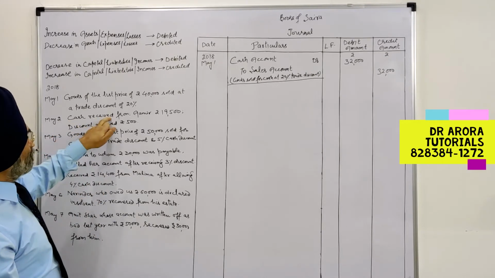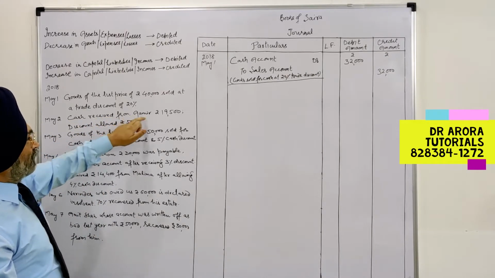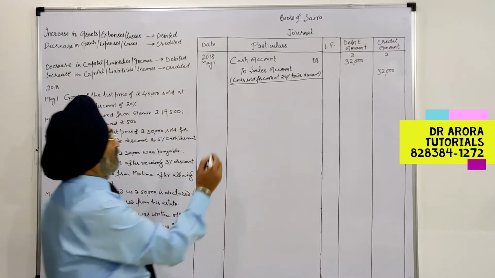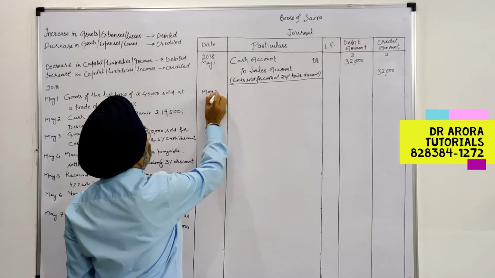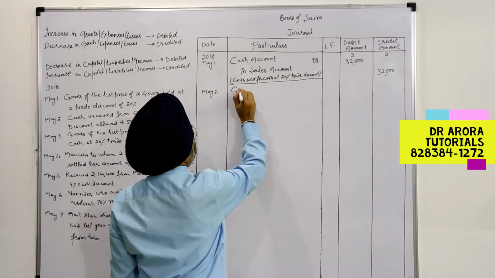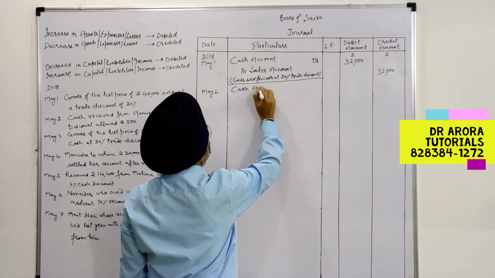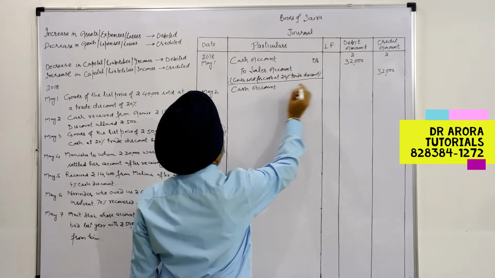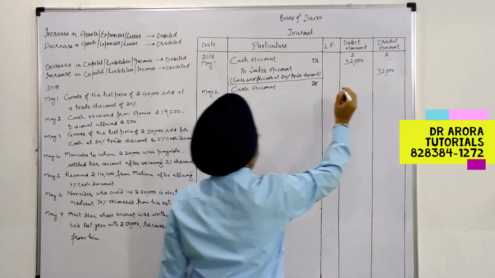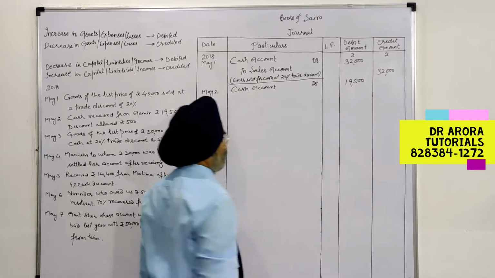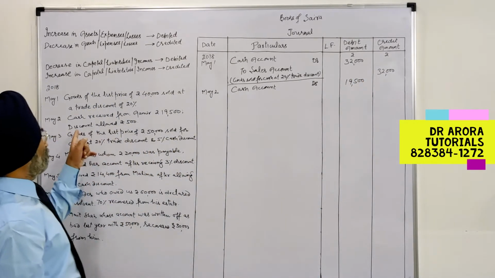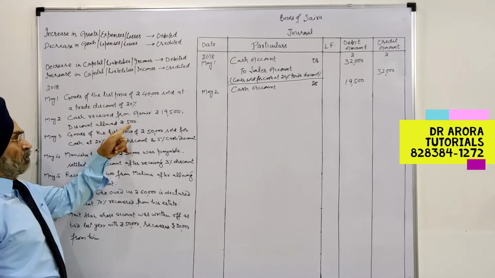So cash received from Amir rupees 19,500. So on May 2nd, cash we have received, increase in asset, and we have received 19,500 cash and discount is also allowed to the party.